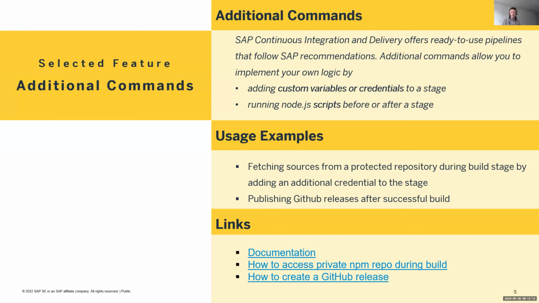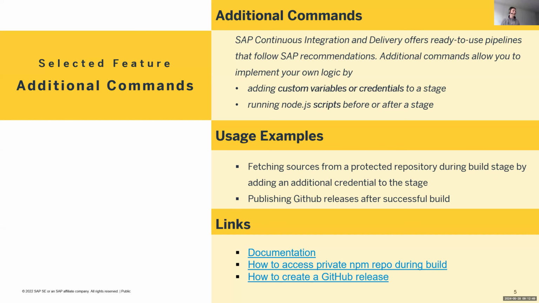And often customers, you might know that better than I do, have one or two custom features or requirements that they absolutely need to run their scenario. And this was not possible up to now, but with additional commands, you can basically write your own scripts and execute them before or after a pipeline stage in the service. And this enables you to create really custom flows and custom features.